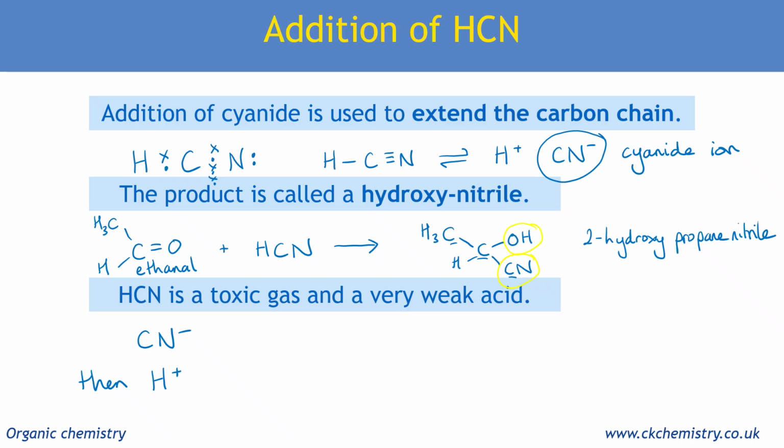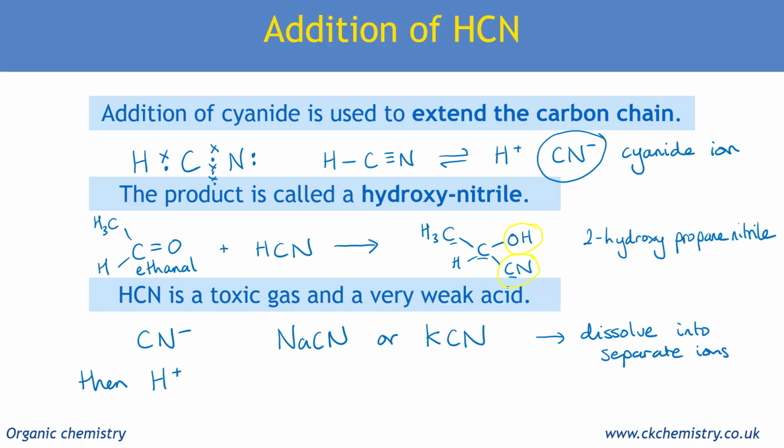So what we do is we use something like NaCN or KCN. Those are ionic compounds like NaCl or NaOH. When we dissolve them, they split into separate ions, which means I have a nice high concentration of cyanide ion in solution because they're very soluble salts.